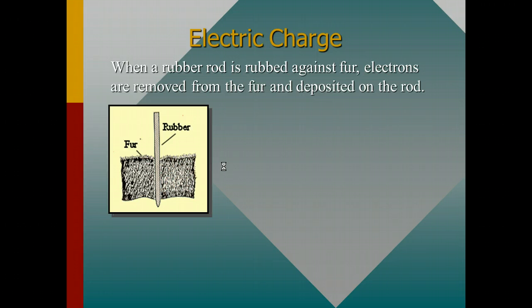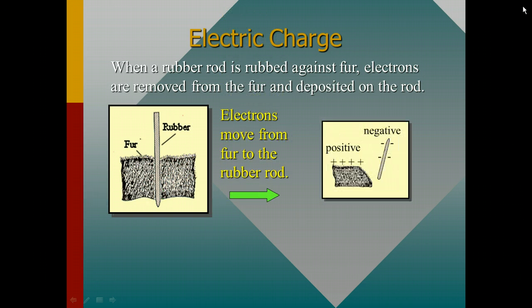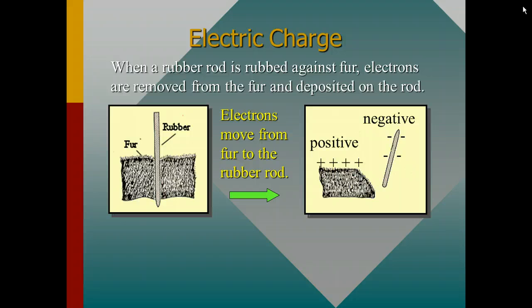The fur will more easily give up its electrons than the rubber will, because rubber is a better insulator than fur is. The result is that electrons move from the fur to the rubber rod, and now we have a positively charged fur and a negatively charged rod.